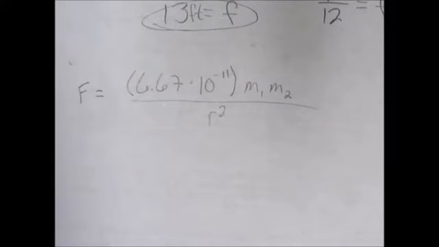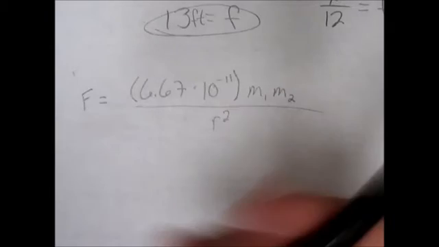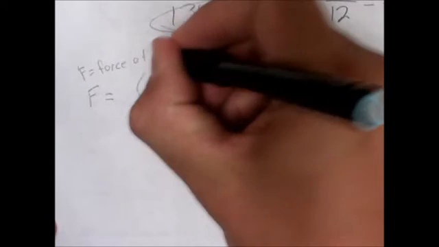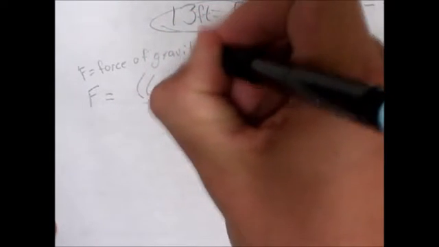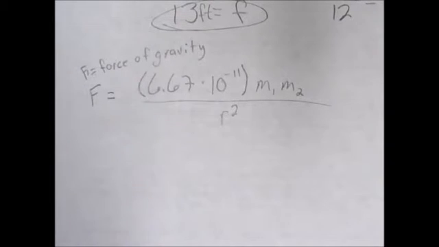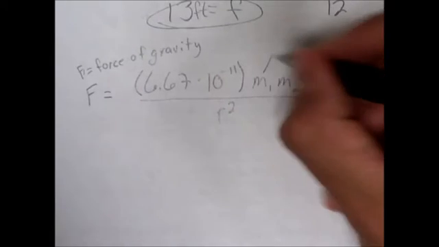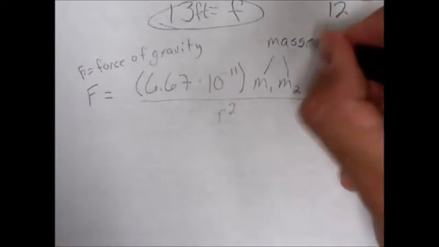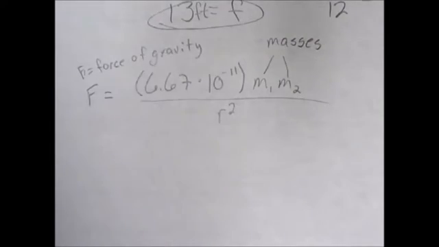Gravity is one of the fundamental forces that governs how objects interact with each other. Since the days of Galileo and Newton, people have wanted to work and understand it. Through experimentation, scientists determined that the force of gravity, F, is force of gravity, okay, between two objects depends on their masses, which are m1 and m2, and r, the distance between them.